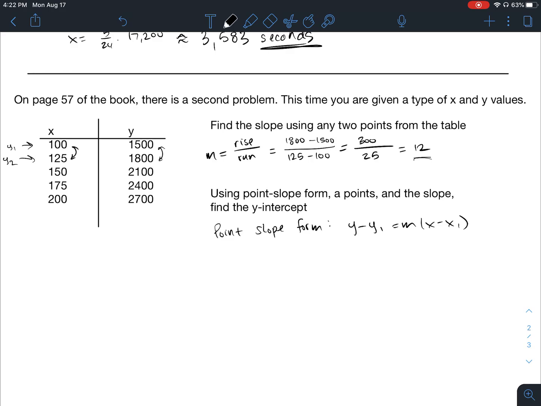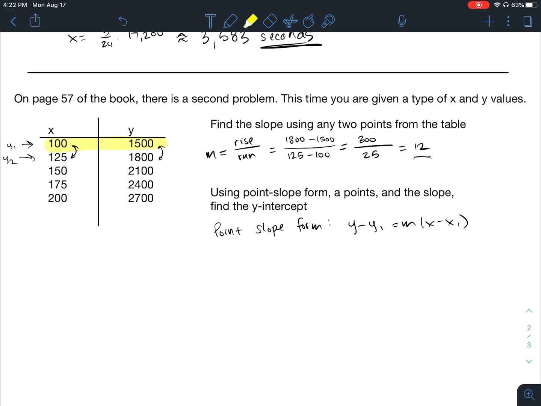So I'm just going to choose, let's just go ahead and use this point right here, this first point that we have. So writing in point slope form, y minus y1, our y1 was 1500. Sorry, let me go back and correct this right here. This right here was x1. This right here was x2. This right here is y1.